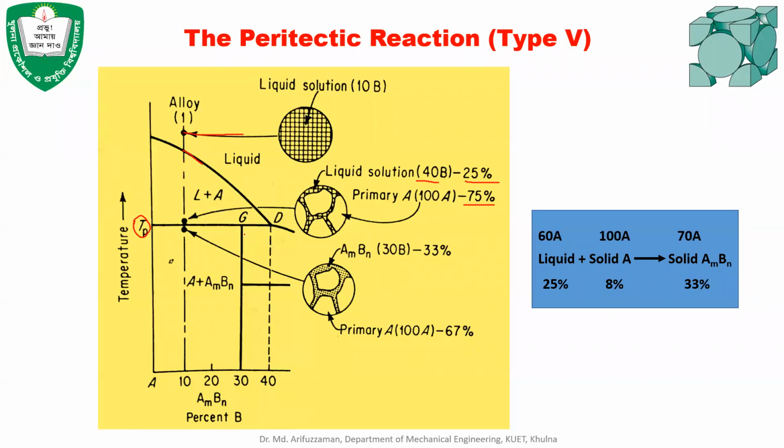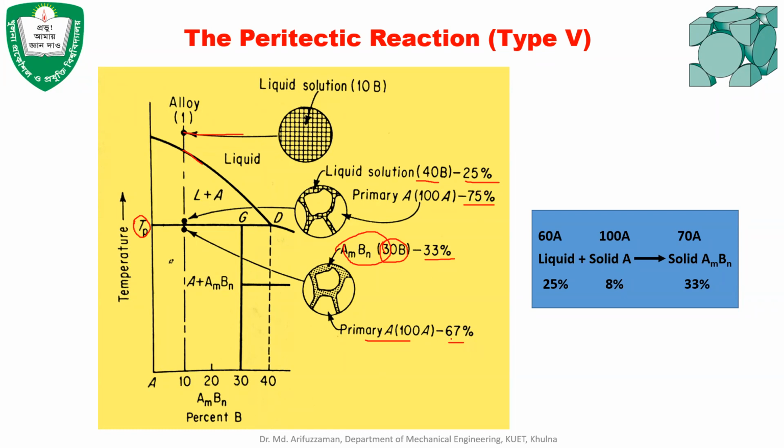And after the peritectic reaction, if we look at the chemical composition and relative amount of phases, then the chemical composition shows that we have AMBN of 70A 30B, which is 33%, and primary A is 67%. That means after the peritectic reaction, the 75% A has been reduced to 67%.